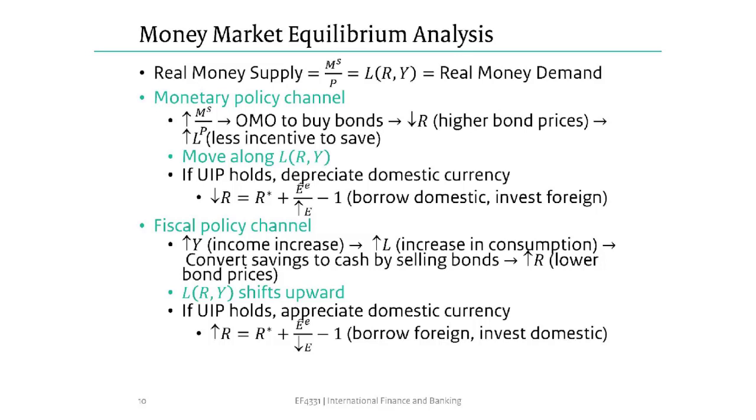Based on this equation, you can already see there are two channels to affect exchange rates. You can affect exchange rates through the monetary policy channel by changing MS, and you can also impact exchange rates through Y. We actually did an exercise where we changed Y. Y, as you learned in the first week, has multiple components: C plus I plus G plus EX minus IM.